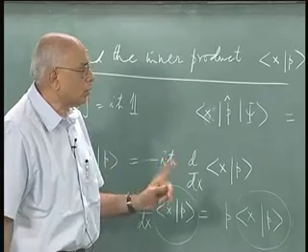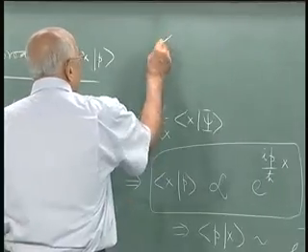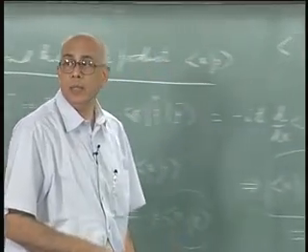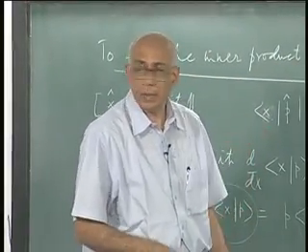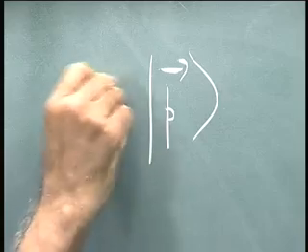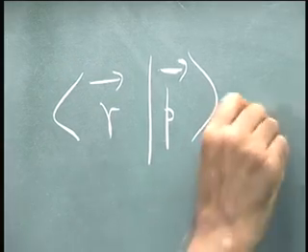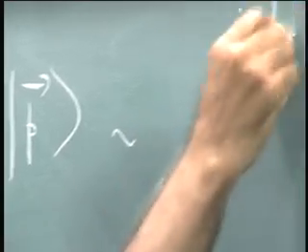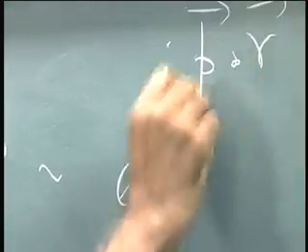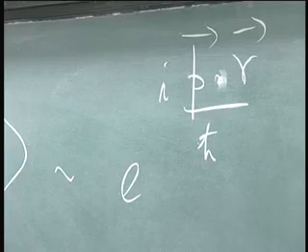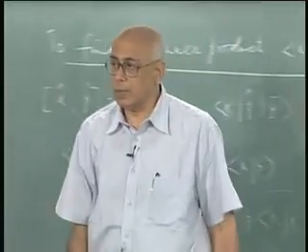One can generalize this to 3 dimensions. If you have in 3 dimensions the momentum eigenstate |p> labeled by the momentum vector p, and you ask what is its position space representative, this is proportional to e to the power i p dot r over h cross, and similarly the other is e to the minus i p dot r.